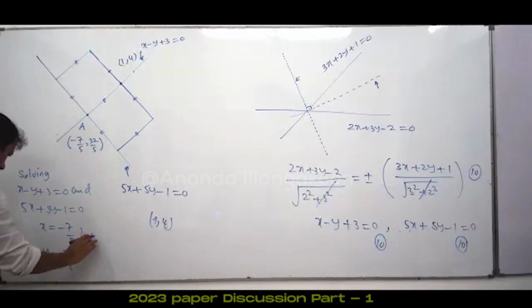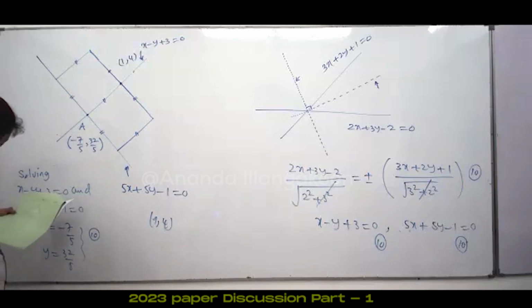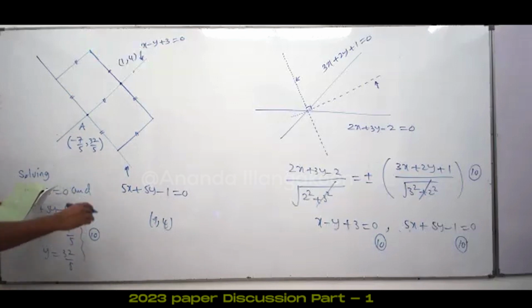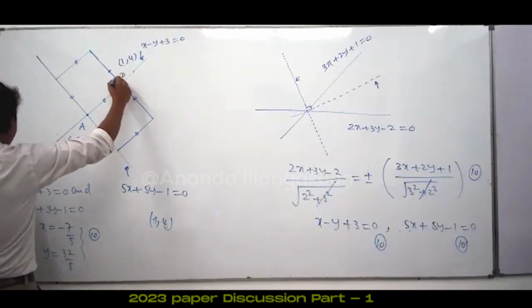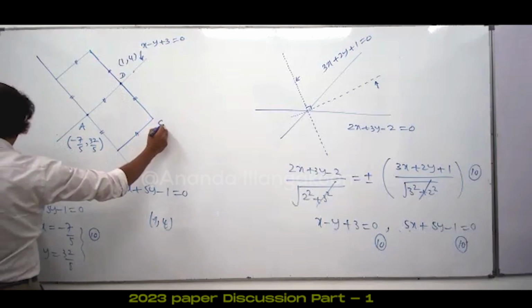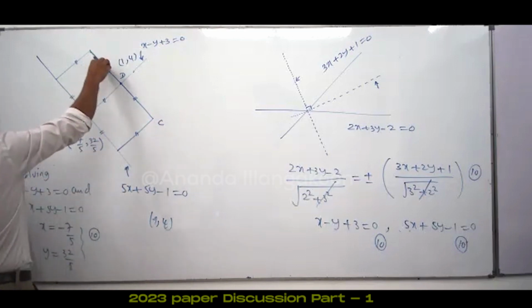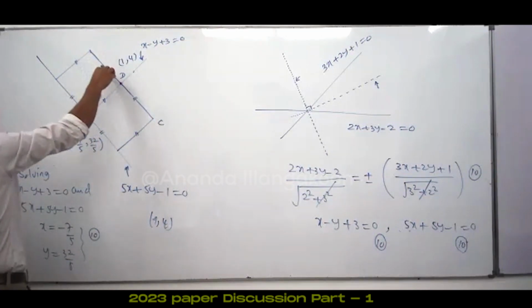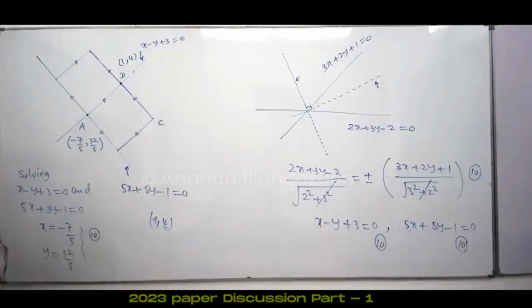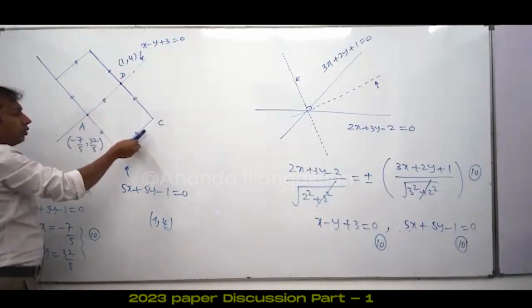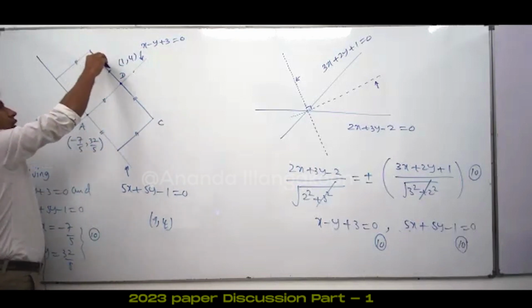X coordinate, y coordinate, 10 marks. Okay. Equation, I mark this one. This point as D. This is C. The equation of this side CD we can write. There are three equations we have to find. This one, and this one. This one you can very easily find.